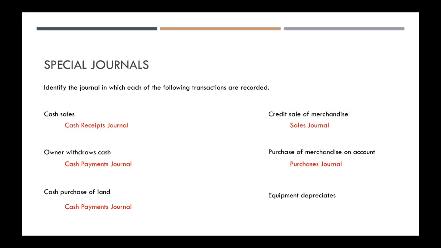And we said earlier that adjusting entries, along with closing entries and correcting entries, all fall under the general journal. So those are your special journals, right? The sales journal, the purchases journal, the general journal, and then your cash receipts and your cash payments.